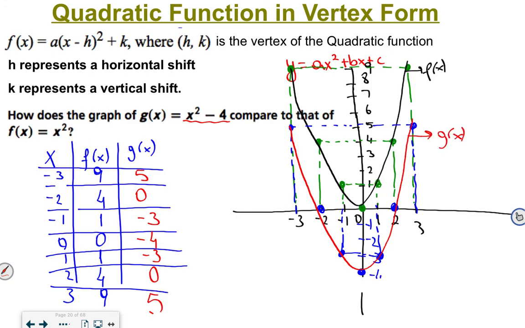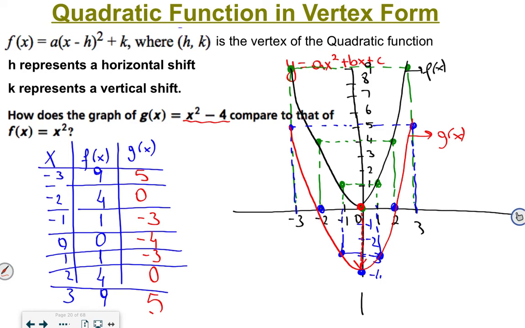When you compare these two functions, for example, compare the vertex. The f of x function is your main function, and its vertex is 0, 0. And what happened to the vertex? Your vertex is translated 4 units down.